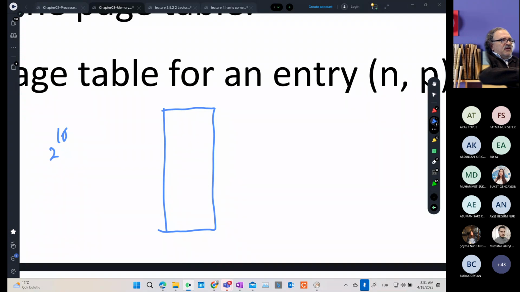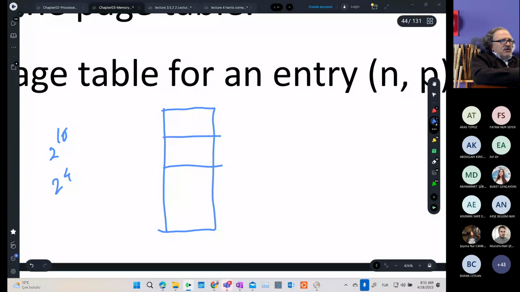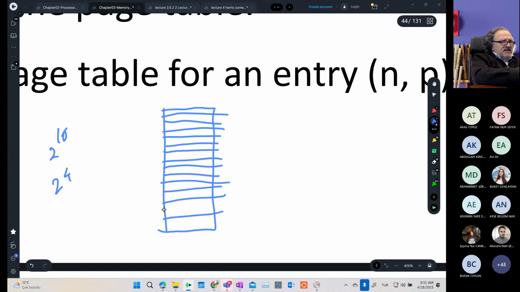It's going to be 2 to the 4 elements inside my page table. So 2 to the 4 elements is this, 8. Now I have, here is 16. This is my page table.